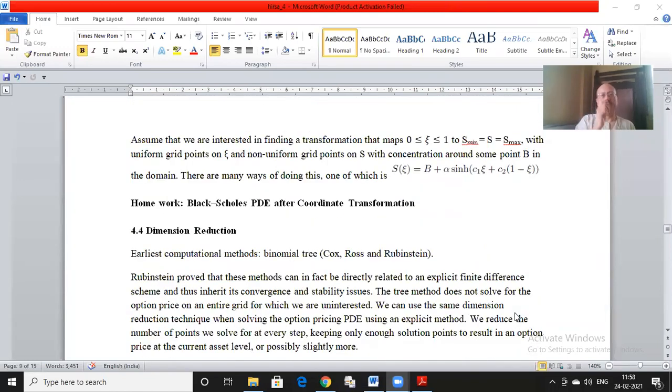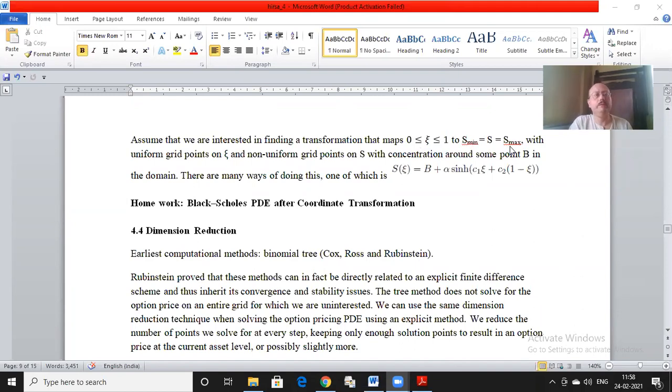So the setting is the following. Suppose we are interested in finding a transformation that maps the interval 0 to 1 to the interval S minimum to S maximum. So basically xi will be mapped to the stock price, but in a particular way.